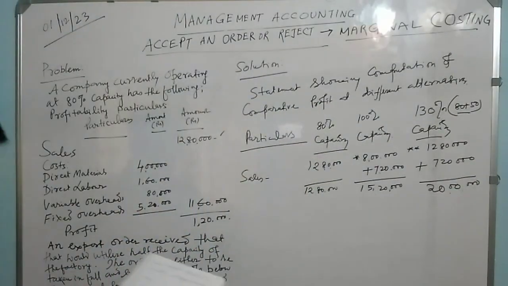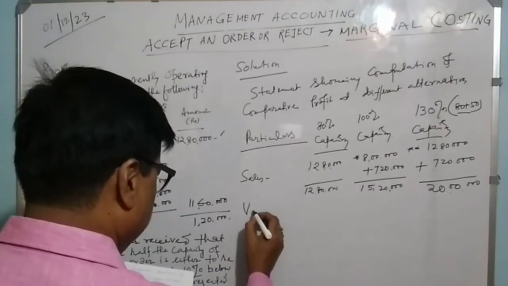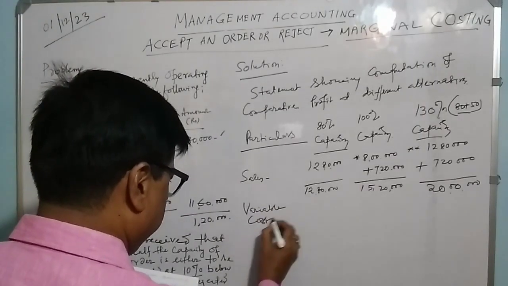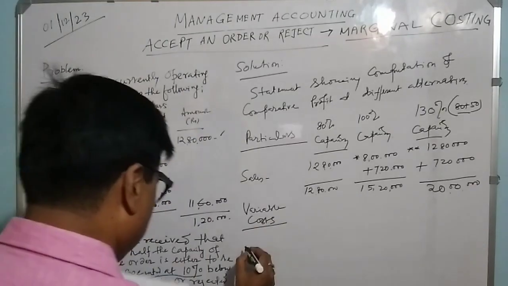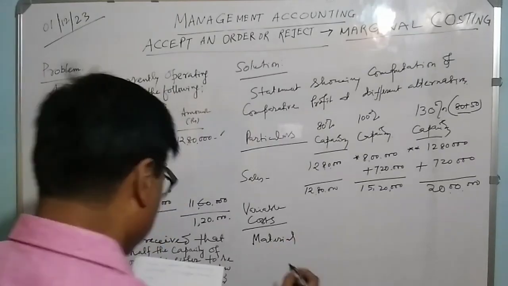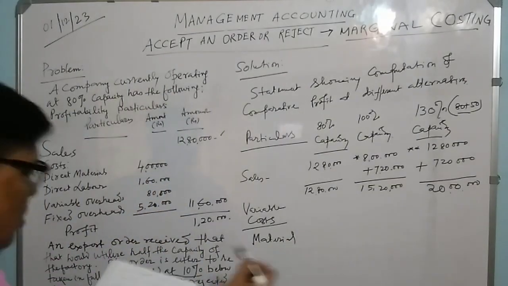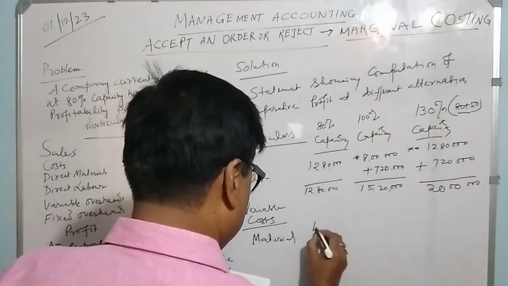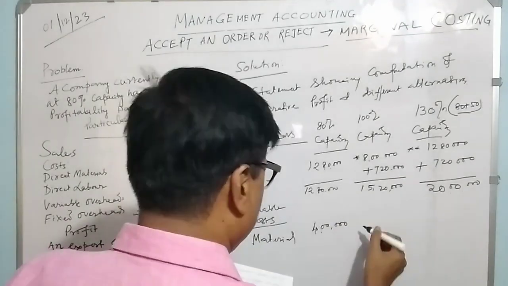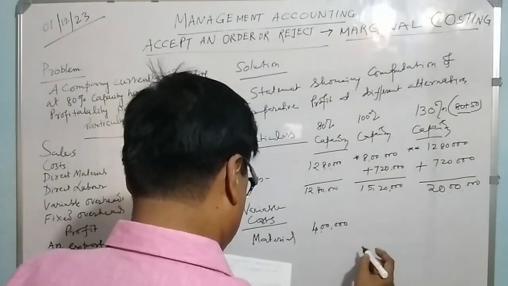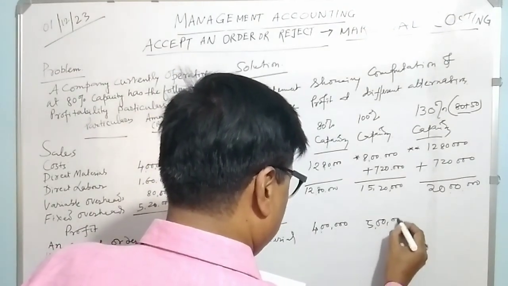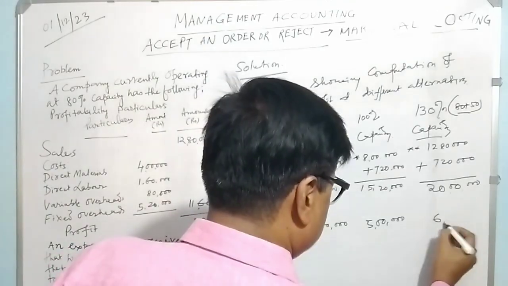Okay. So from there we have to deduct your variable costs. Your material: we have given your base rate 4 lakhs. As it is variable and proportionate, it will increase 20%, 5 lakhs. This will be your 6,50,000.